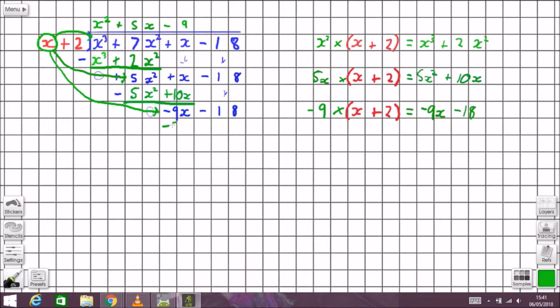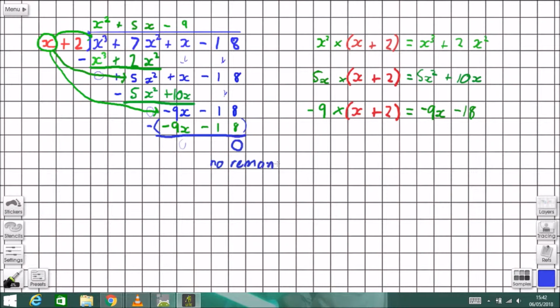And we'll subtract this whole green part from the blue part to find our remainder. We'll subtract all of this, and the negative 9x's will cancel out. The negative 18's will cancel out, and we're left with just 0. So this is our remainder.